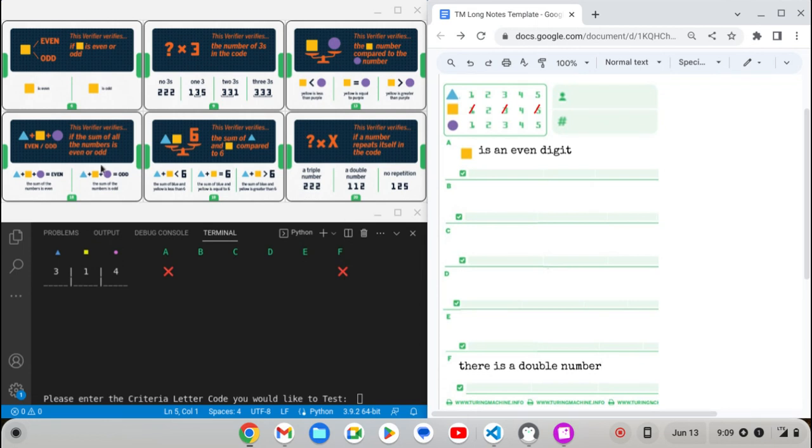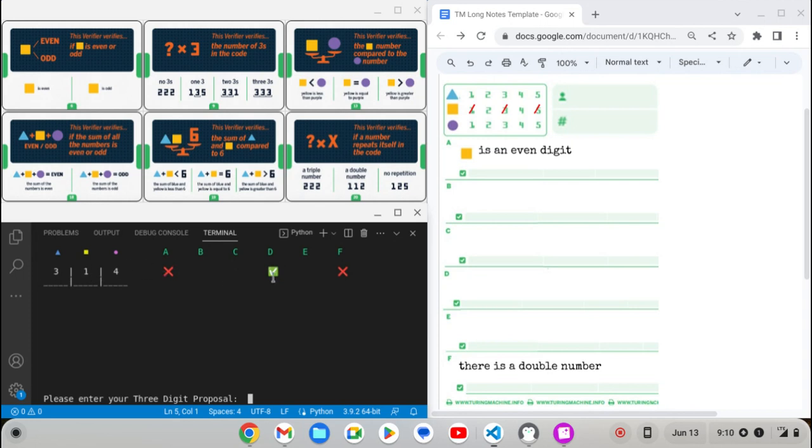But I think that maybe if I use criteria card D, it may help us to have a better idea of the structure of our code. So let's give criteria card D a try. Okay, so it does approve of my proposal 314, and so if we add up the digits, 3 plus 1 is 4, 4 plus 4 is 8.